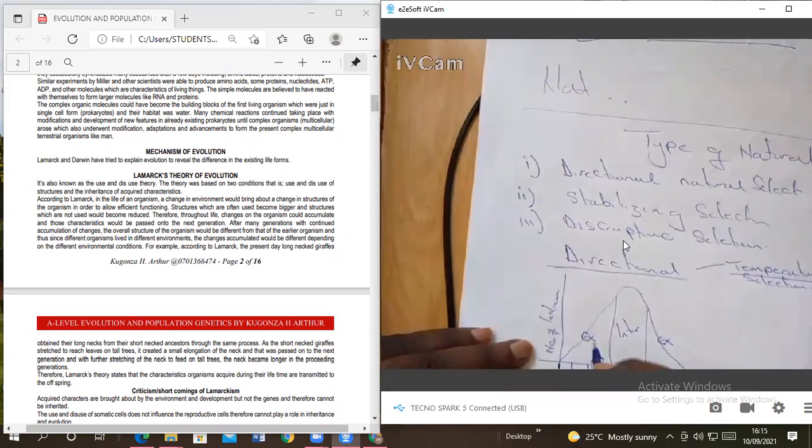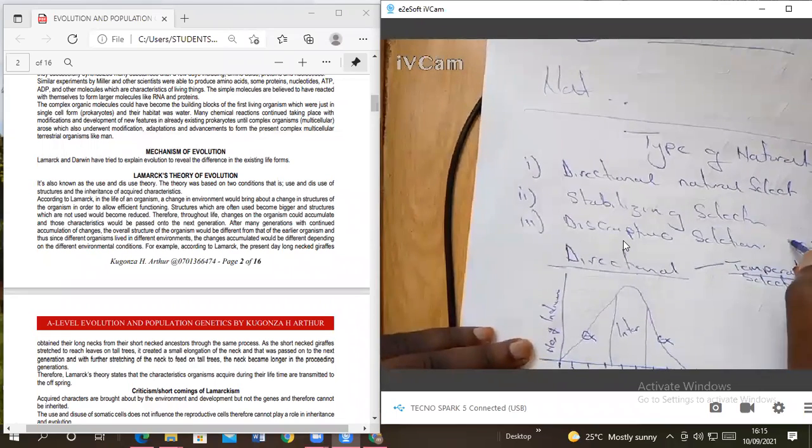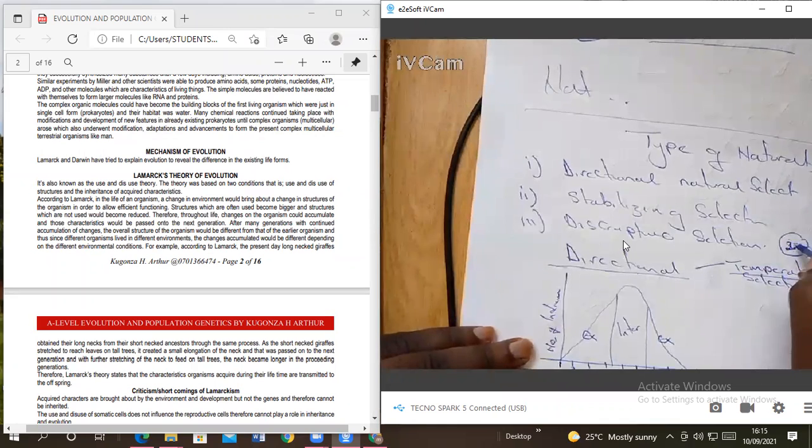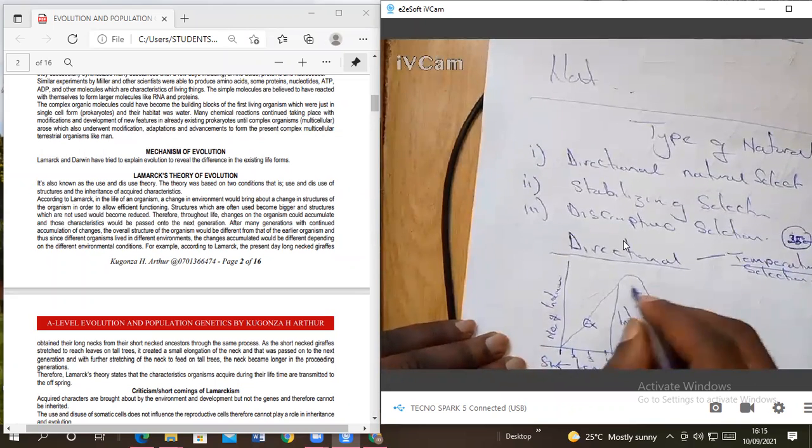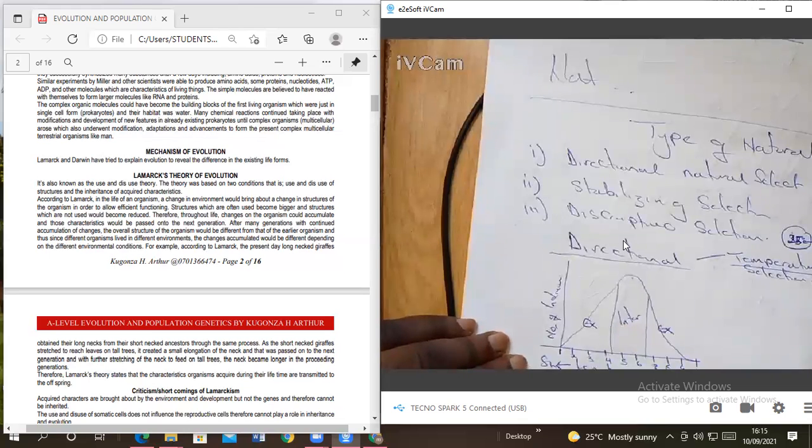Let me assume that previously the temperatures were between 25 to 32 degrees Celsius, and we have individuals within a population who are many, who are intermediates.